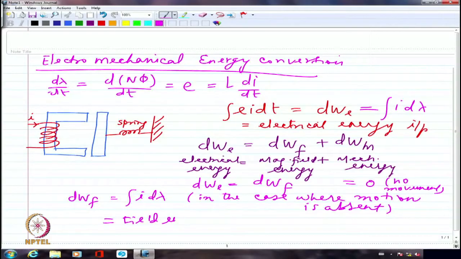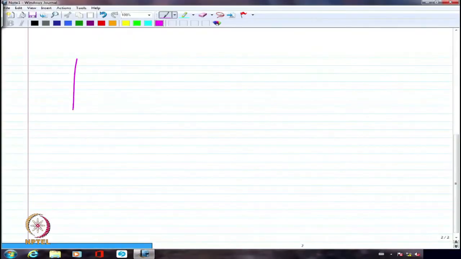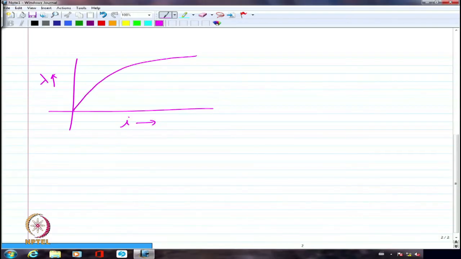I am just recalling what we did in the last class. If we plot a graph between I and λ, we are probably going to plot it like this with non-linear characteristics, if there is an iron core contributing to non-linearity in the relationship between I and λ, or nφ. So, I am going to call this portion the energy or field energy, Wf, and this portion the co-energy, Wf dash.